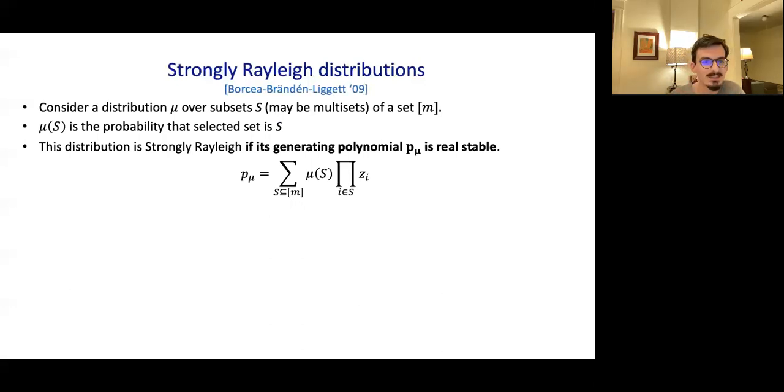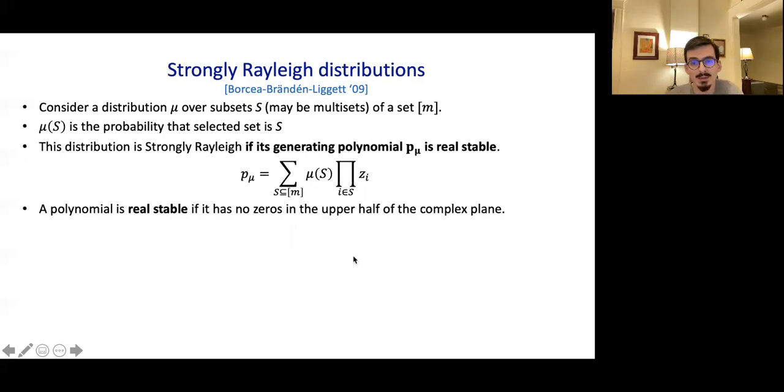So if you assign each element i of the set M a variable, z_i, then the generating polynomial is this object. You sum over all the sets S in the support, and you multiply mu of S times the product of the z_i's for each element i in the set. And we call a polynomial real stable if it has no zeros in the upper half of the complex plane.